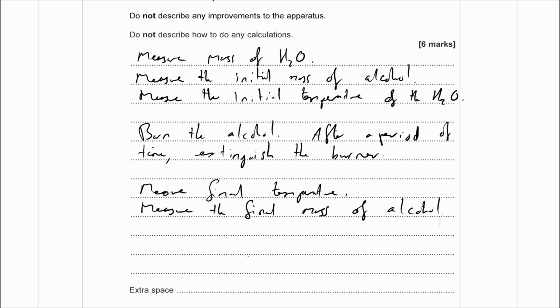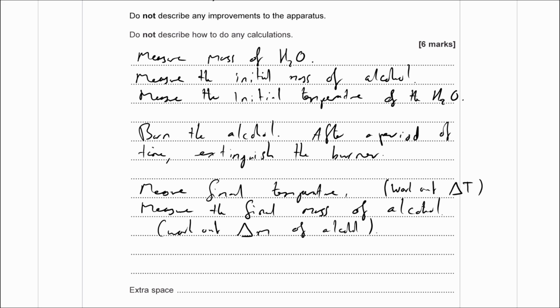All right. So I'll actually just put it in brackets here so you know why we've done it. So from the final temperature, we can work out delta T, which is temperature difference. And from the final mass of alcohol, we can work out change in mass of alcohol. All right, and then that is basically the end of the experiment.